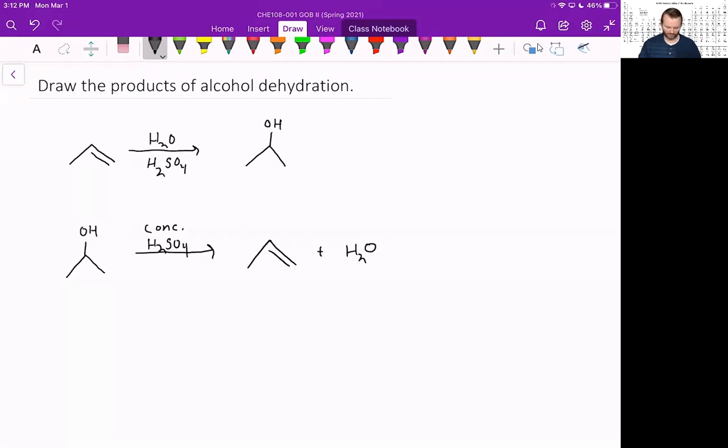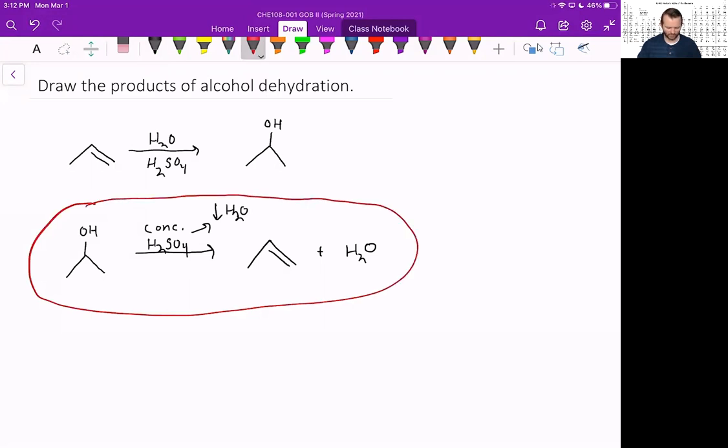So concentrated H2SO4 means that you have a low concentration, or a low amount of water, so the reaction will shift to produce more water. So this is an alcohol dehydration, because the alcohol is having water removed from it to make an alkene.